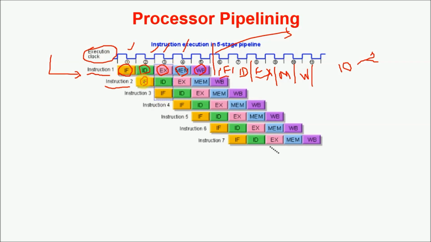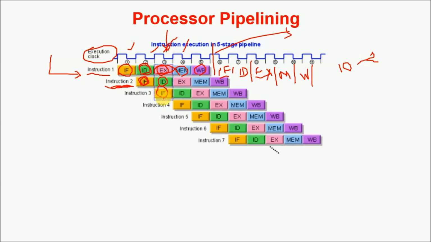When the first instruction enters the decode stage, the second instruction enters the instruction fetch stage. Then in the third clock pulse, when the first instruction executes the instruction execution stage, the second instruction enters the decode stage, and the third instruction enters the instruction fetch stage.